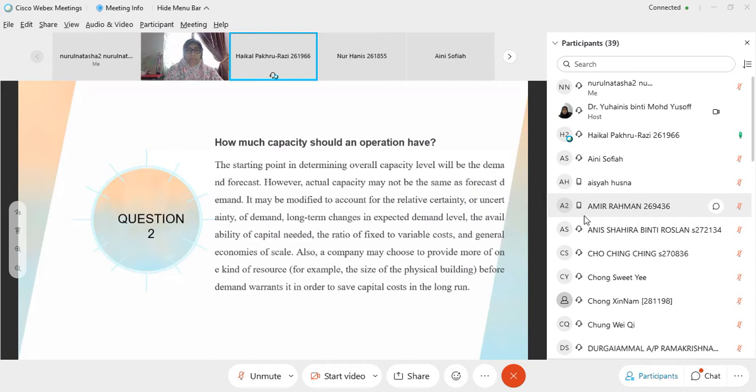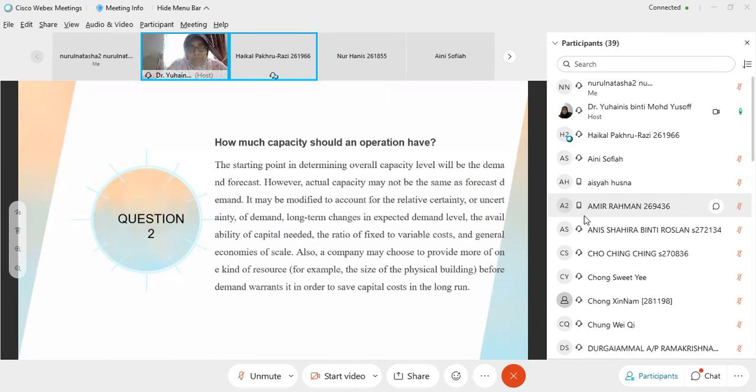However, actual capacity may not be the same as forecast demand. It may be modified to account for the relative certainty or uncertainty of demand. Okay, proceed. Never mind. Certainty or uncertainty.